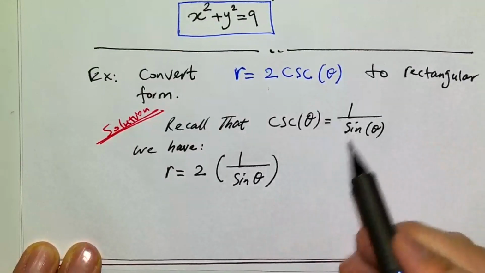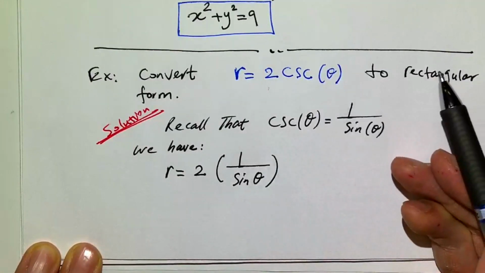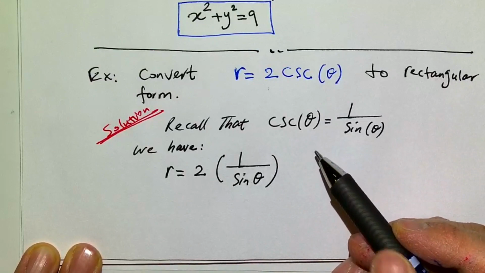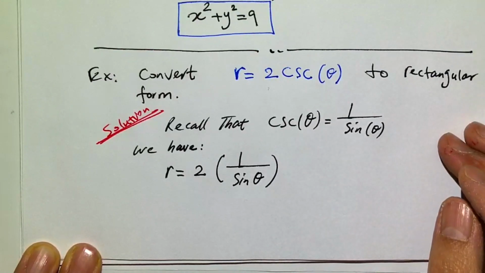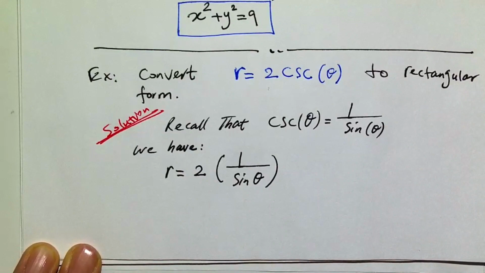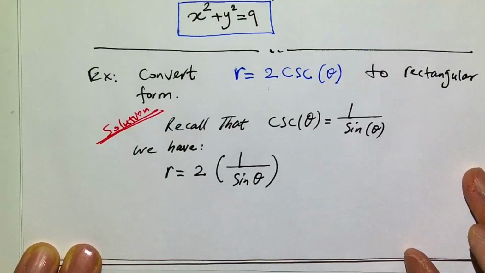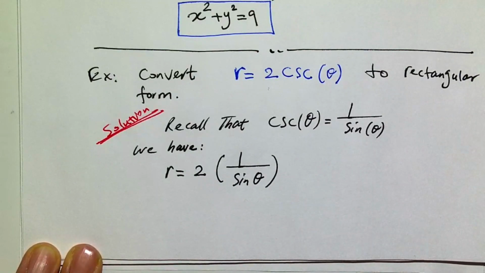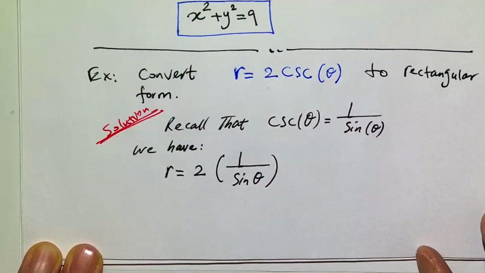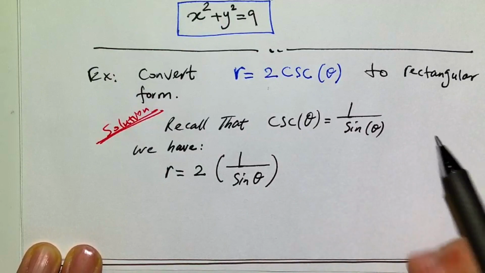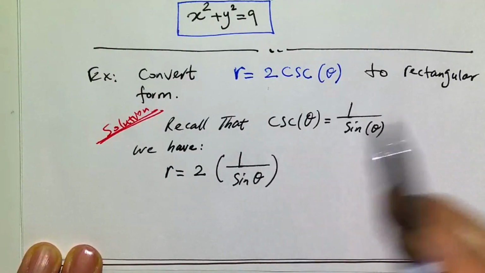So we would do that anyway, but especially here because there's a connection between the rectangular coordinates and sine and cosine, but there is no direct connection between rectangular coordinates and cosecant and secant. The direct connection is between x and y and sine and cosine.